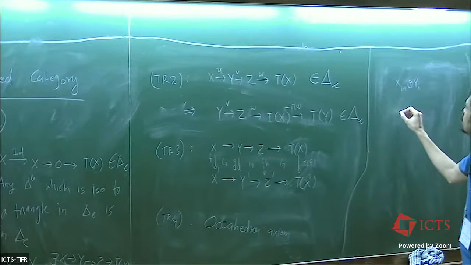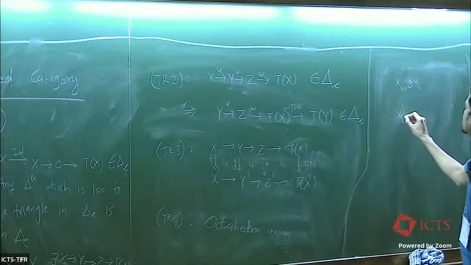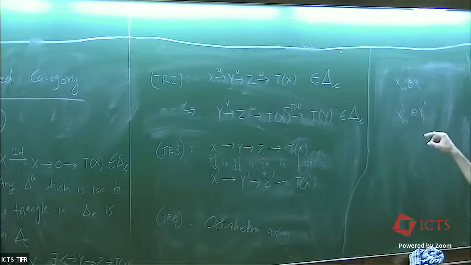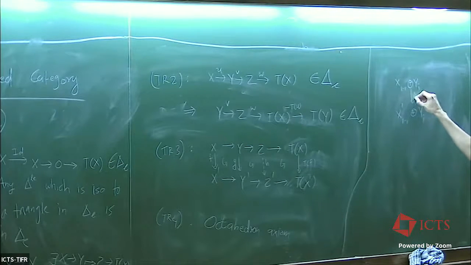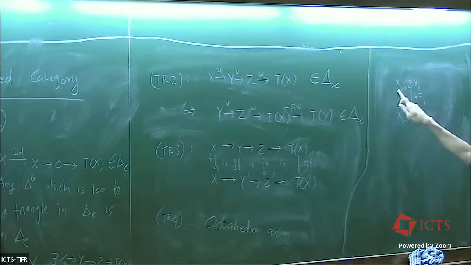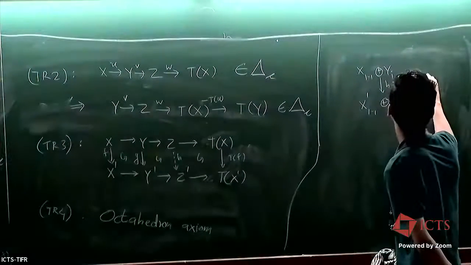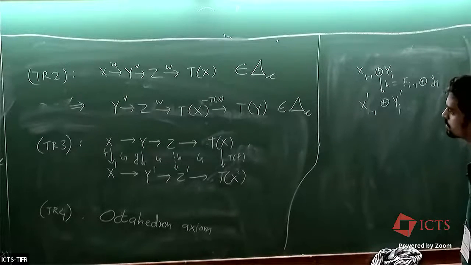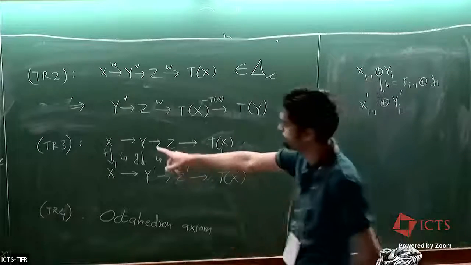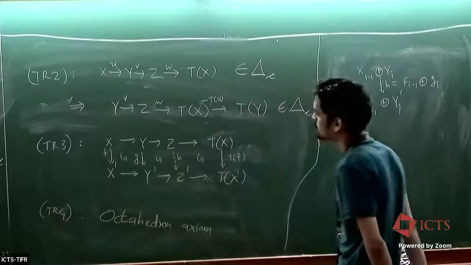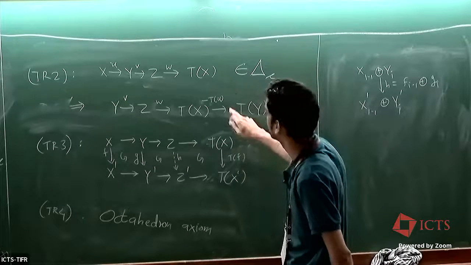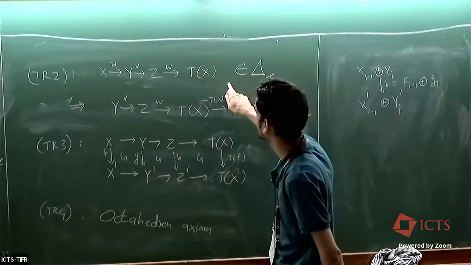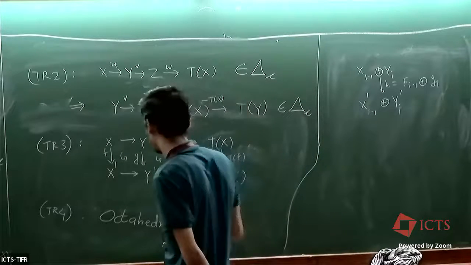And below it is X prime I minus 1 direct sum Y prime I. And the map H is just this, Fi minus 1 with Gi. So that would verify this. And yeah, let me just write this down.